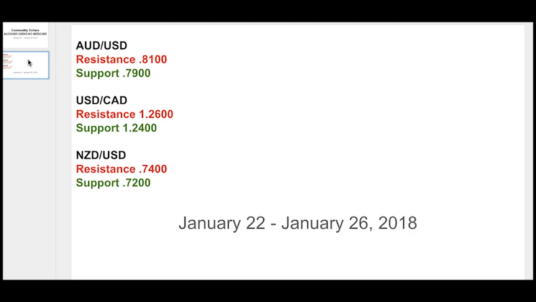CAD is its own story, as always. CAD is really going its own way because of all the idiosyncratic risk that's happening in the Canadian economy. We have a strong Canadian economy, a hawkish BOC, and the existential threat of NAFTA being repealed. And that is really what's hanging over the head of the loonie at this point.